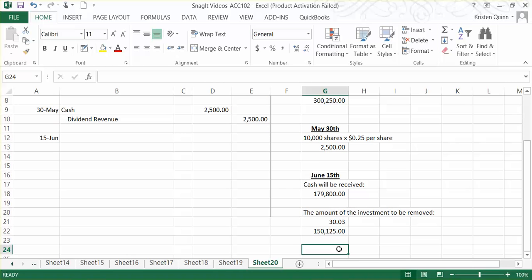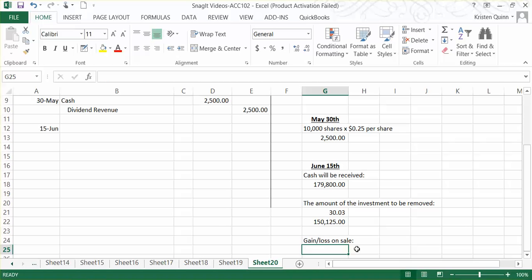The final piece we need to calculate is either the gain or the loss on our sale of our investment. And when we do that, we're going to need to compare the cash that we are going to receive versus how much we had paid for that investment.